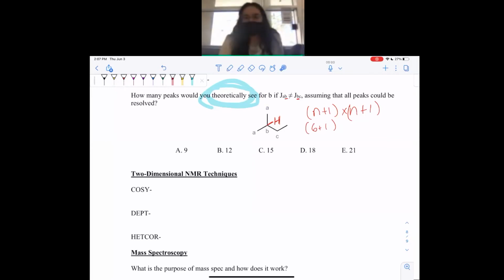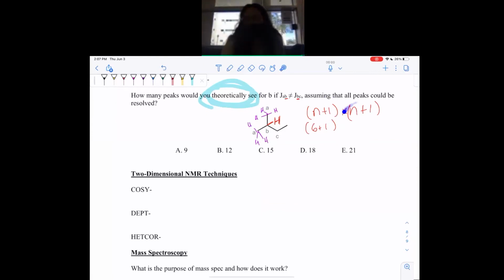And the reason we know there's 6 total is because we could draw them in: 1, 2, 3, 4, 5, 6. We know they're all the same because of this internal symmetry. And so yes, we do n plus 1 times n plus 1. We do n plus 1 on the left side, n plus 1 on the right side. That's how I like to think about it. So on the left side, we have 6 plus 1. And on the right side, how many neighbors do we have?